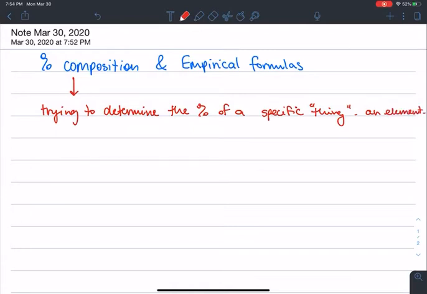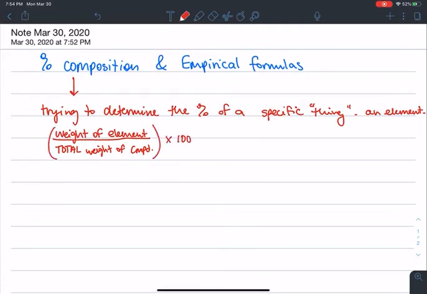To do that, you take the weight of the element you're trying to solve for and divide it by the total weight of the compound it's in. To be in a percentage format, you multiply by 100, and then you have the percent of that element.